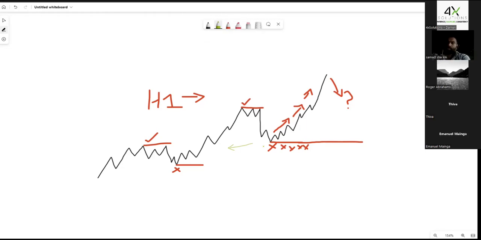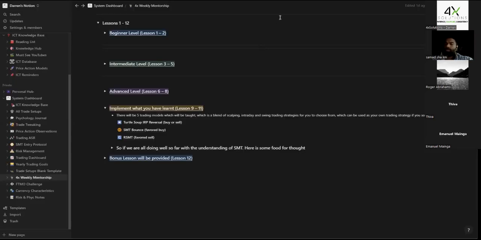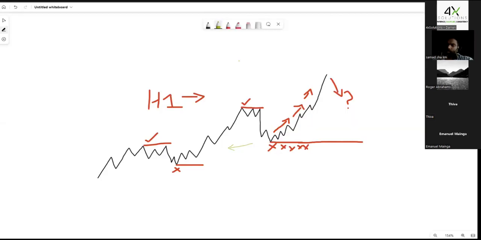Those two. So we've got an old low, which is the liquidity, and we've got an order block and a void sitting below the liquidity point over here. Make sense? Makes sense.